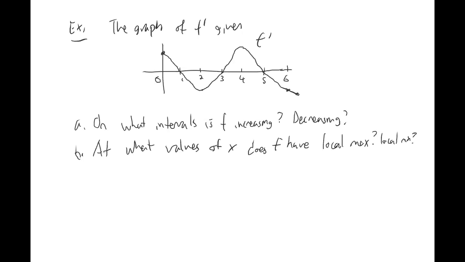So again, they give you the graph of f prime, and they're asking you about something about f. So you want to translate it to something about f prime. F increasing is the same as f prime positive. So on what intervals is f prime positive?